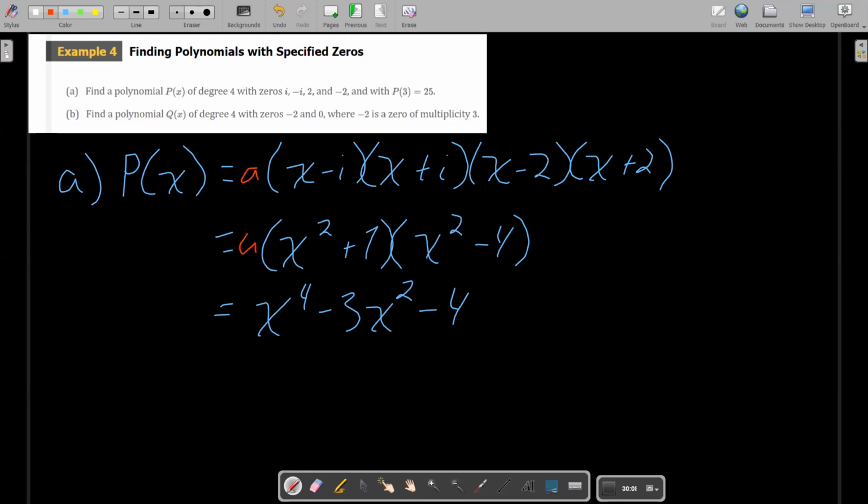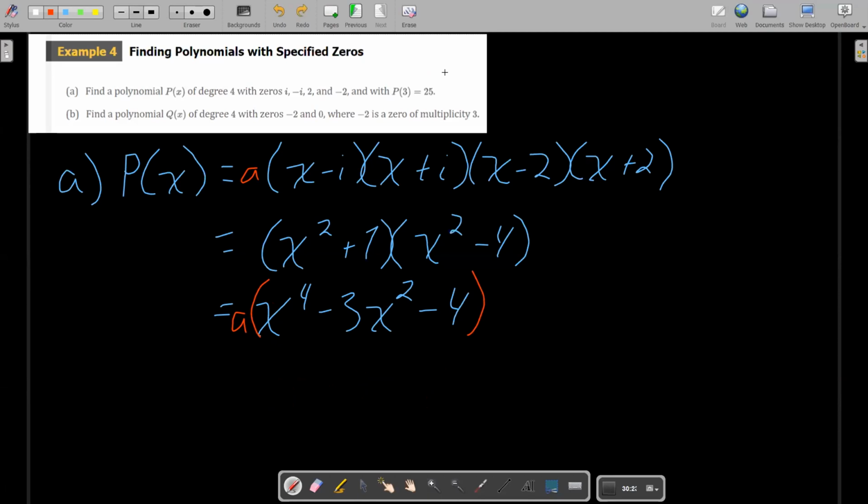A, and A, right? So what we're going to do is figure out what that constant coefficient A is. In order to do that, we're given P of 3 is equal to 25.